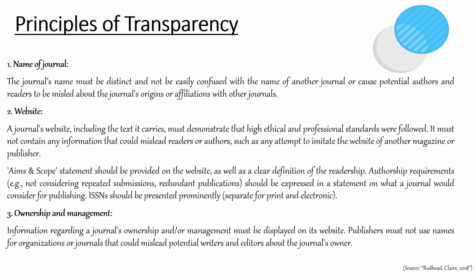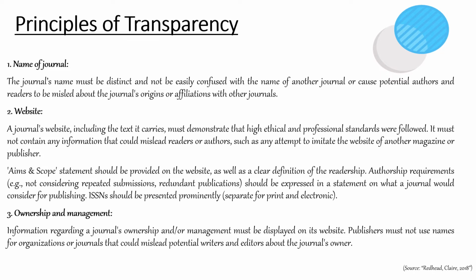Aim and scope statements should be provided on the website, as well as a clear definition of the readership. Authorship requirements, for example not considering repeated submissions or redundant publications, should be expressed in a statement on what a journal would consider for publishing.